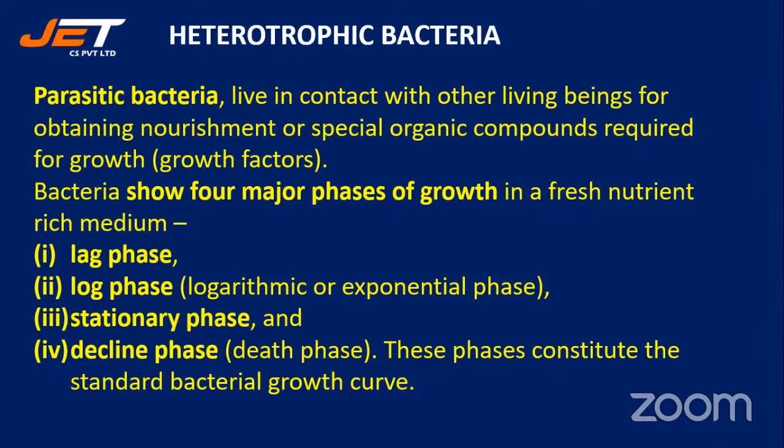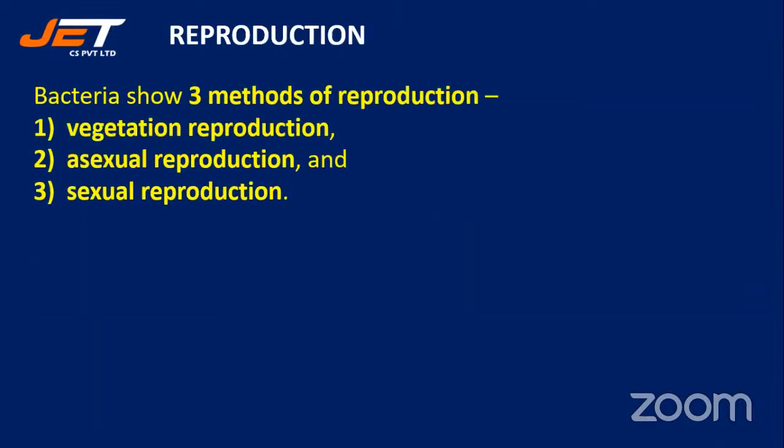So it has reached a stationary phase. Now the waste material of bacteria is accumulating, the nutrient on which it is feeding is being reduced, and that is why the bacteria is now facing a decline phase. So that's the lag, log, stationary, and decline phase.